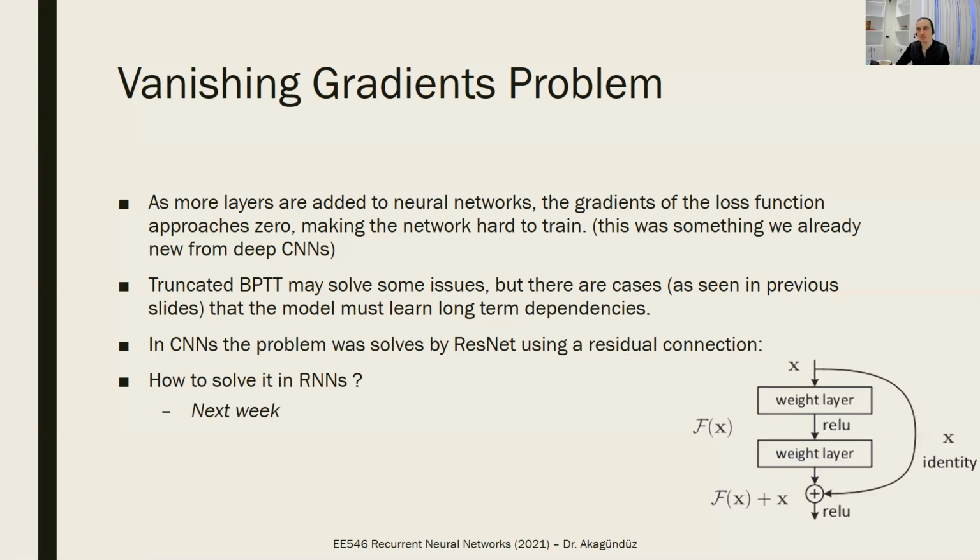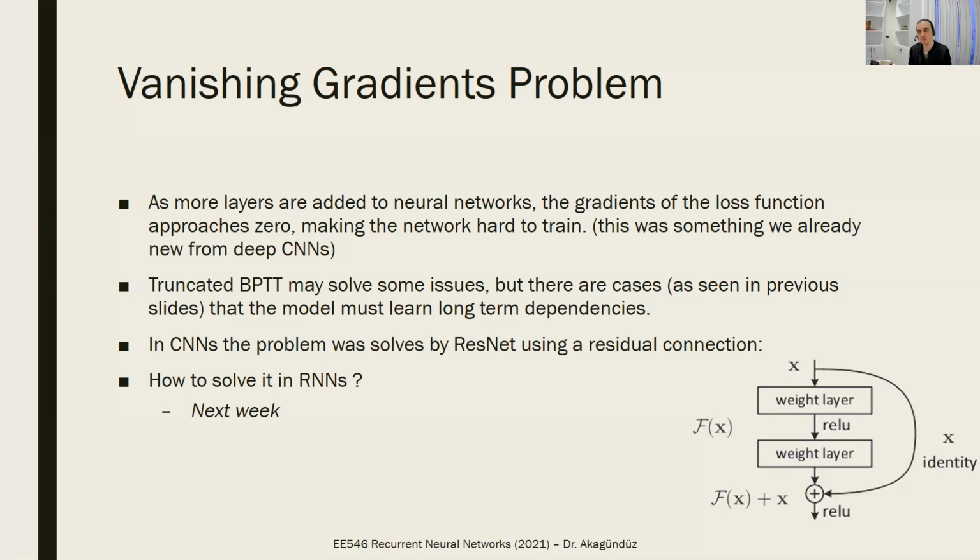Because when you're truncating and making the length of training shorter, the backpropagation through time shorter, the extent of the gradients vanishing will be smaller, will be softer. However, there was a problem with this.